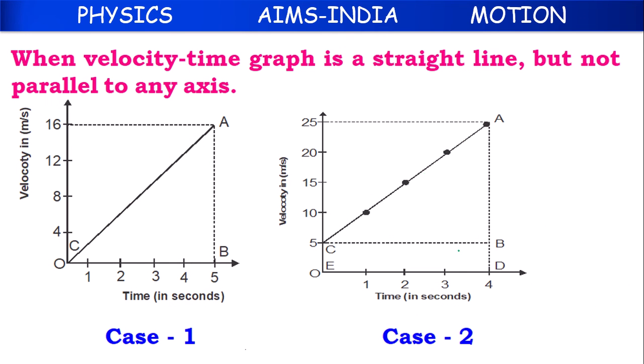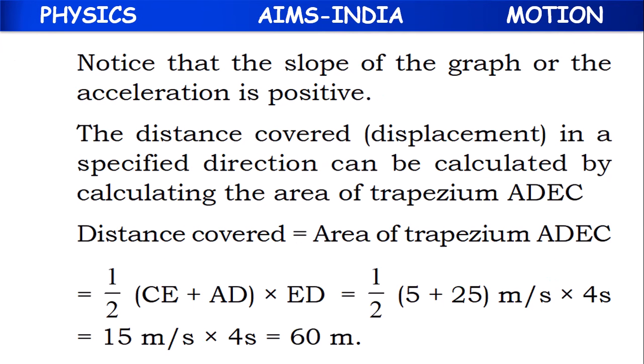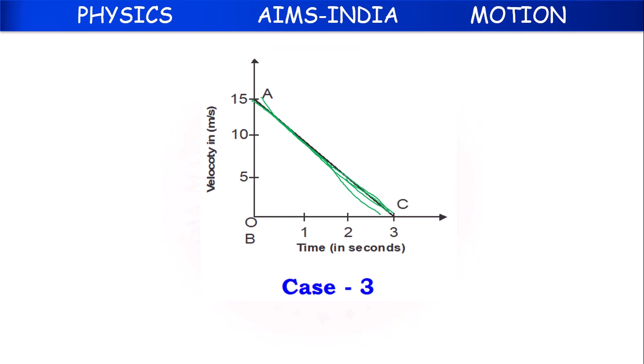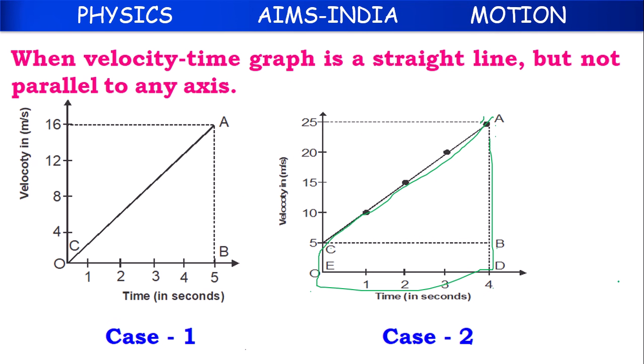Or we can take it like this: A, C, O, D, B, A, trapezium. They named it, they have taken this point as E, they have taken it as ADEC trapezium.